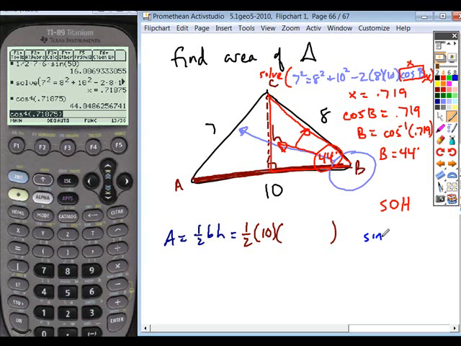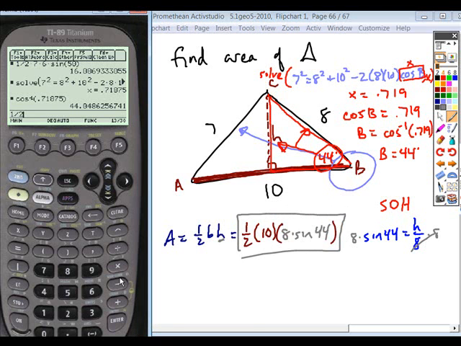The sine of 44 degrees is equal to opposite h over hypotenuse 8. Isolate my h, so I'm going to multiply both sides by 8 to get rid of that. And now I can substitute in for h right here, 8 times the sine of 44, and I have my final calculation. It's just a matter of entering that in my calculator.